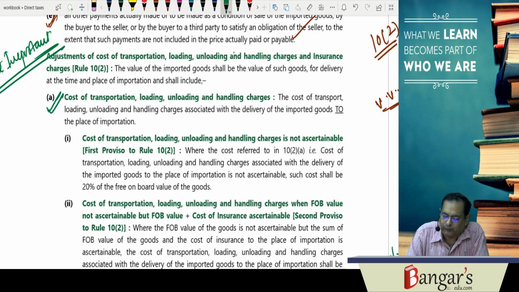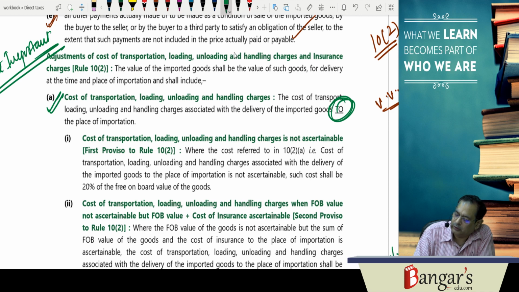The cost of transport, loading, unloading and handling charges associated with the delivery of the imported goods to the place of importation.